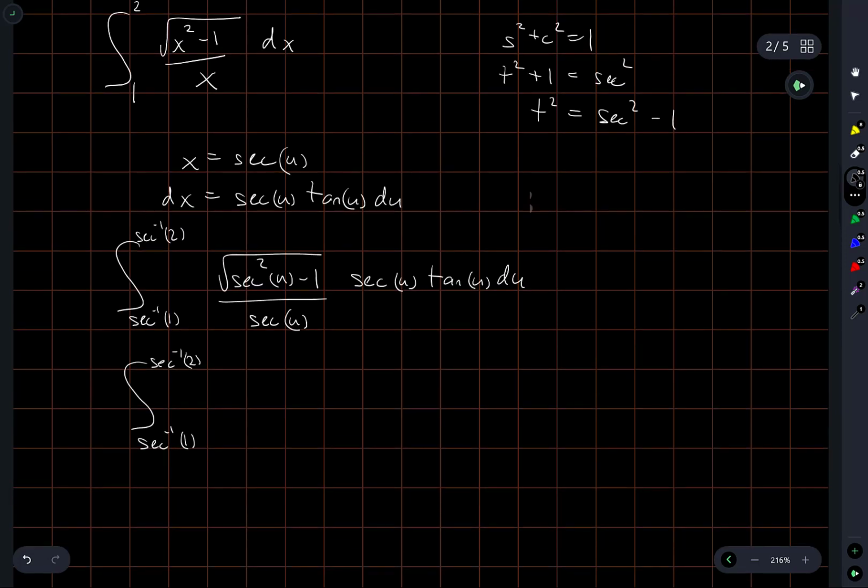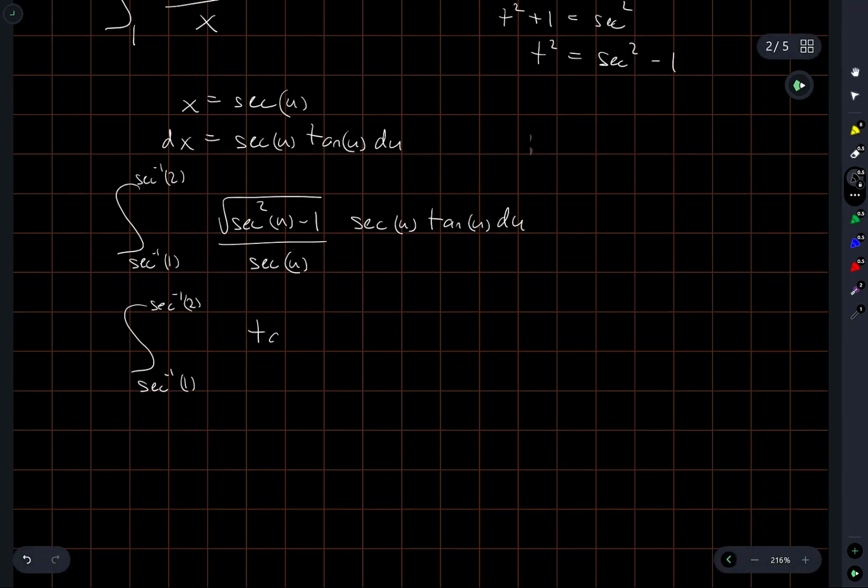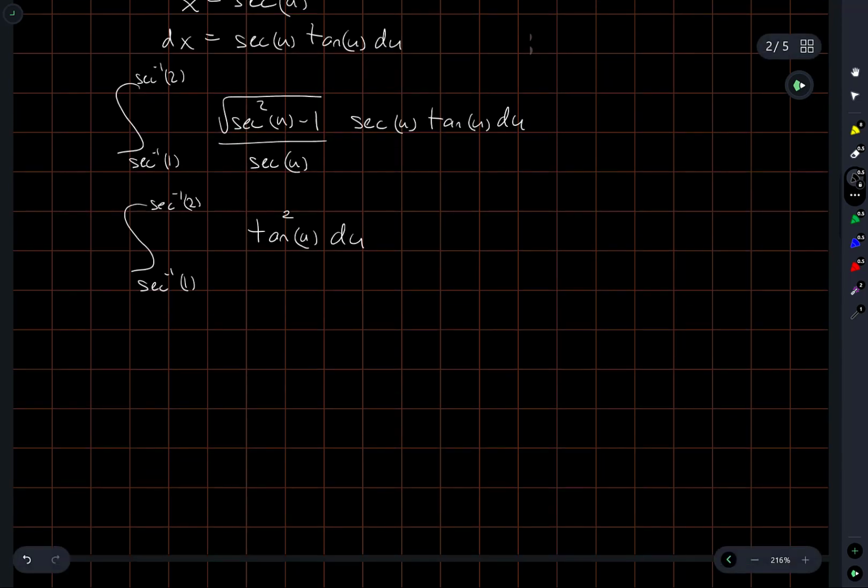Secant squared minus 1 is tan squared, so this becomes tan u times tan u, so tan squared u du. Do we have an antiderivative of tan squared?